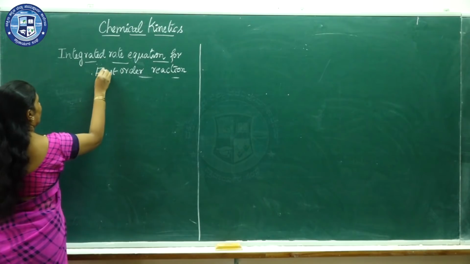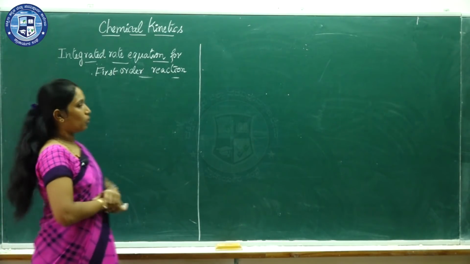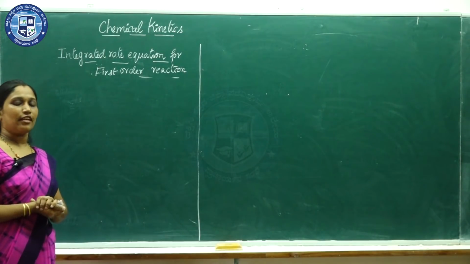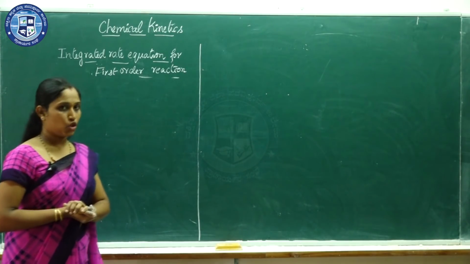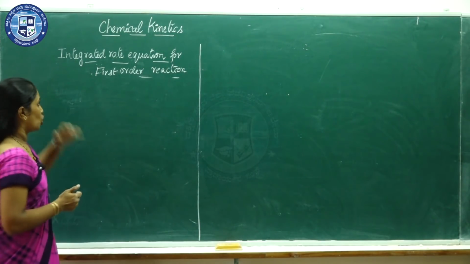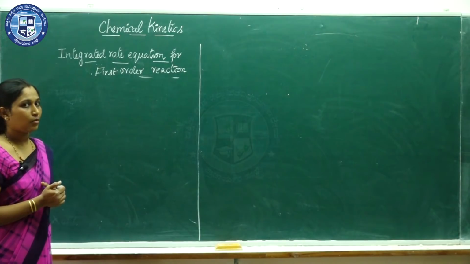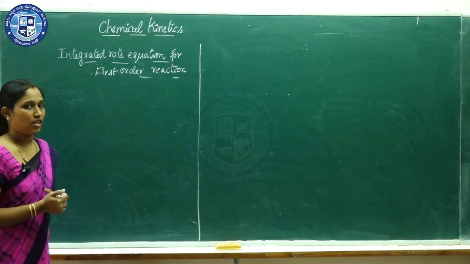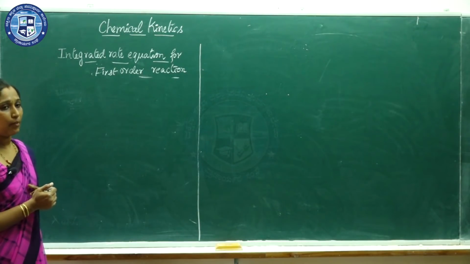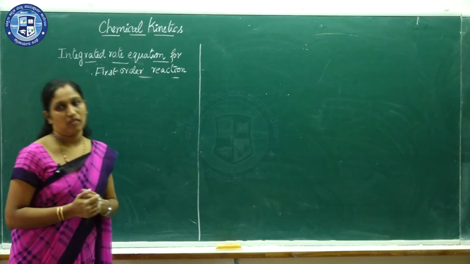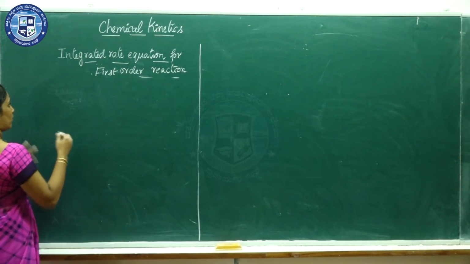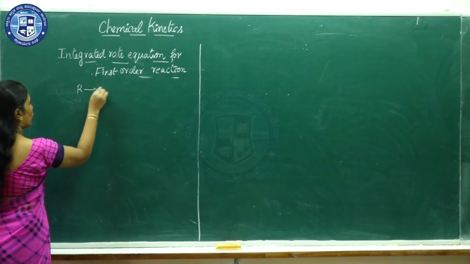Similar to zero order reaction, what we discussed there, the rate of the reaction is directly proportional to the zeroth power of the concentration of the reactant. So now here you will be discussing about first order reaction. So the statement is obvious, that is the rate of the reaction is directly proportional to the first power of the concentration of the reactant. Okay, so I will just take a simple example, a unimolecular reaction.